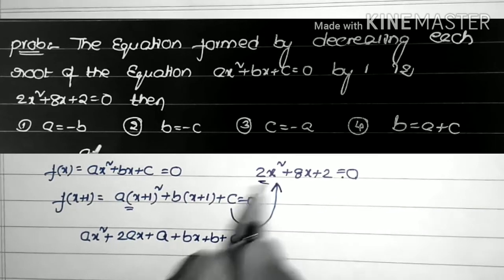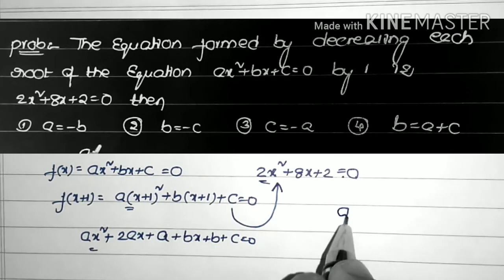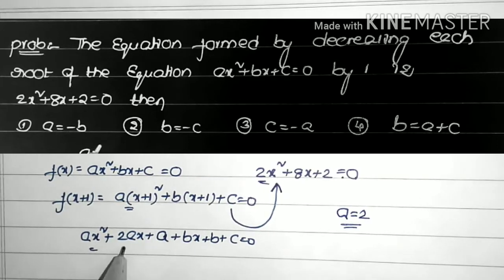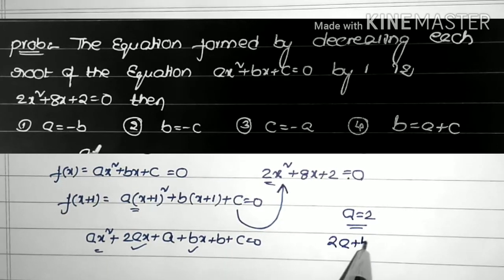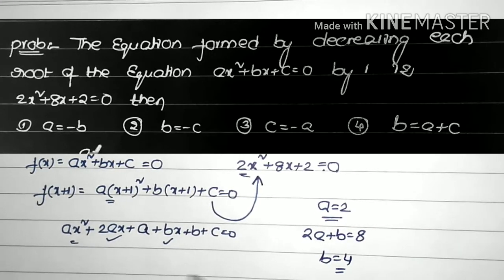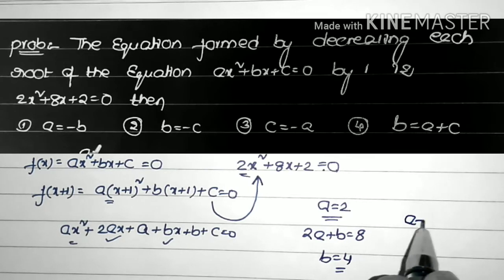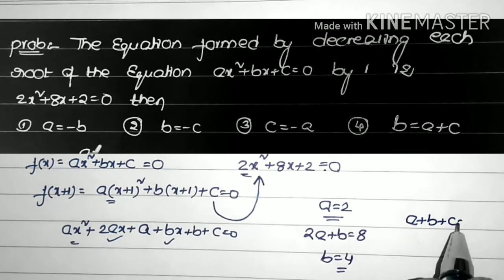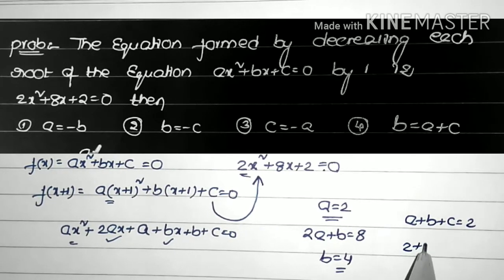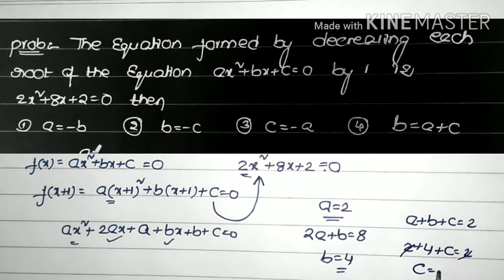First taking the x square coefficients comparison, we get a is equal to 2. Next taking the x coefficients comparison, we get 2a plus b is equal to 8. Then the value of b is equal to 4. Next taking the comparison of the constants, a plus b plus c is equal to 2. That is 2 plus 4 plus c is equal to 2. Then the value of c is equal to minus 4.